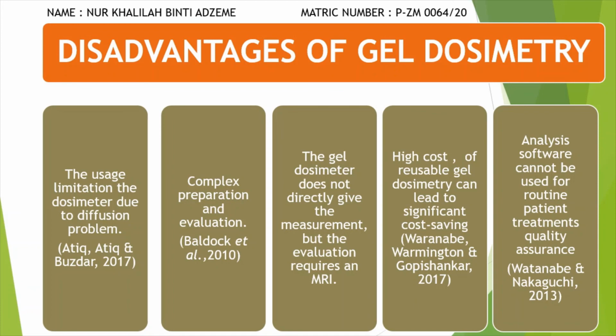Hence, there is a considerable disadvantage of the gel dosimetry over the R-check regarding the cost. According to Watanabe et al. 2017, the development of reused gel dosimetry can lead to significant cost saving.